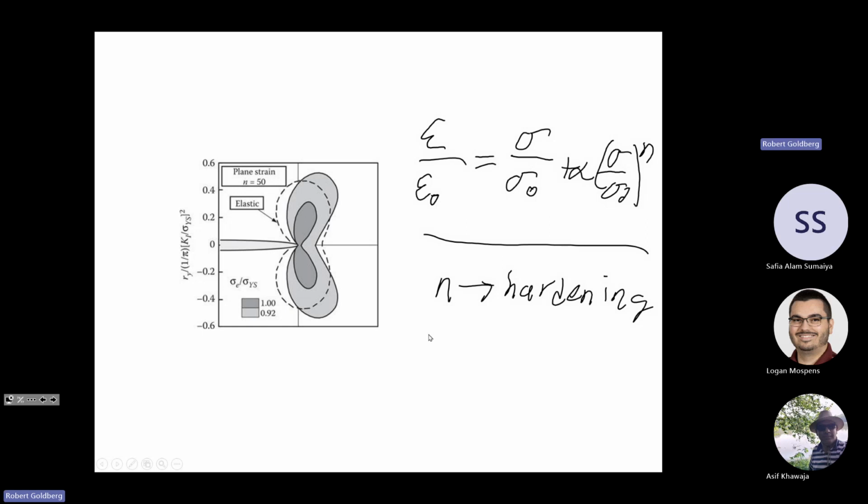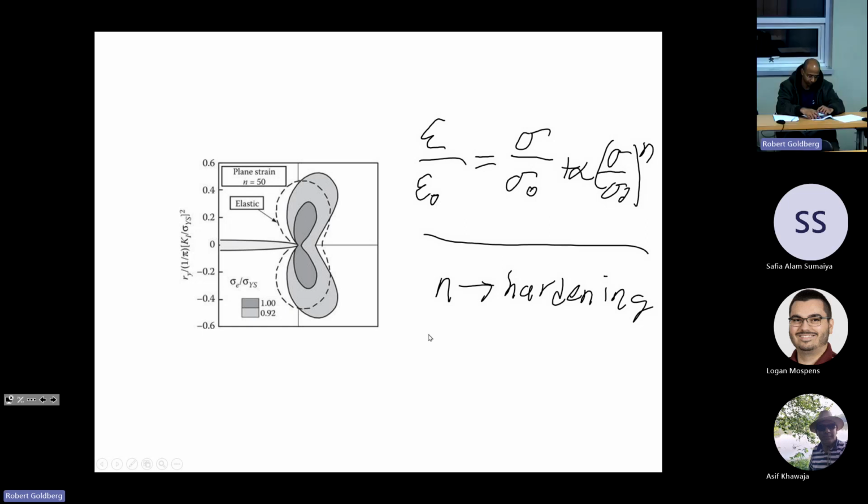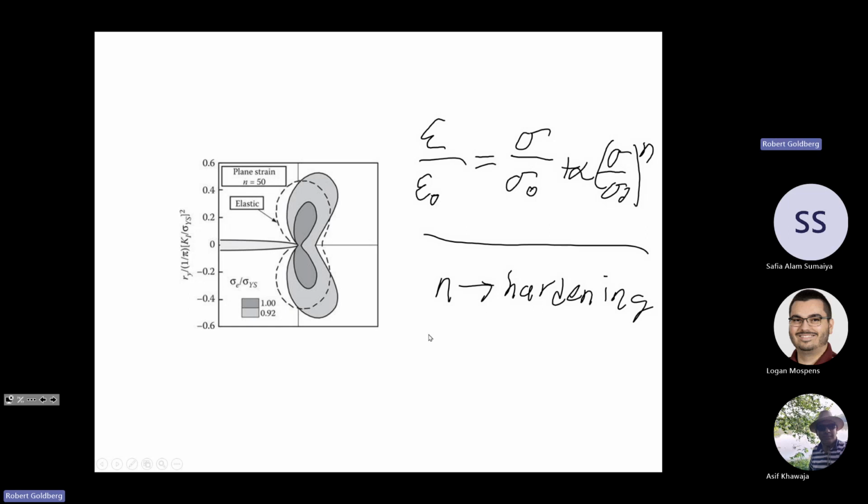And another thing to note is that when you use this equation, you don't have a defined yield stress, yield point, because with this sigma over sigma 0, plastic strains are assumed to be present at all portions in your loading response. It's just that in what's normally called the elastic range, the plastic strains are assumed to be very, very small.